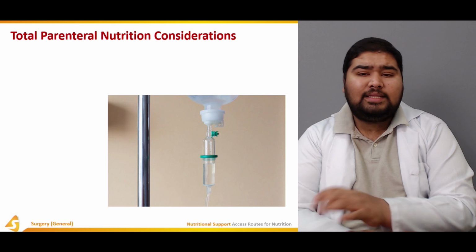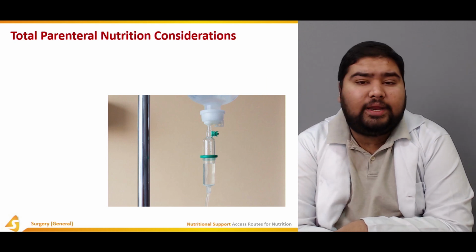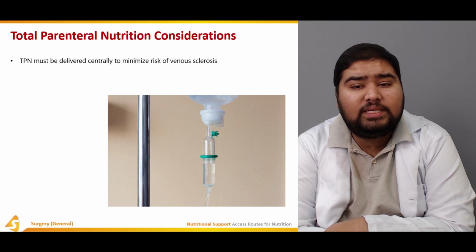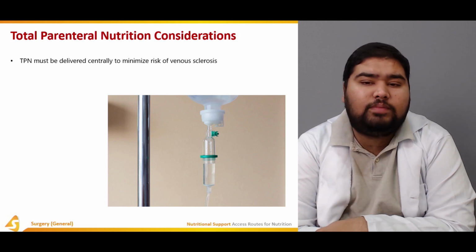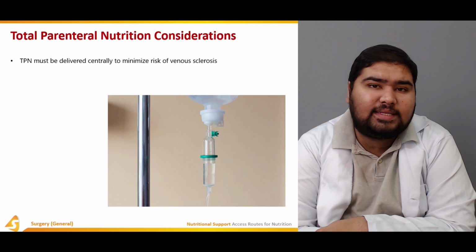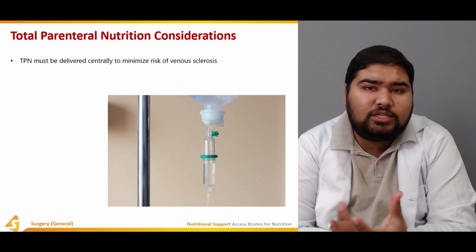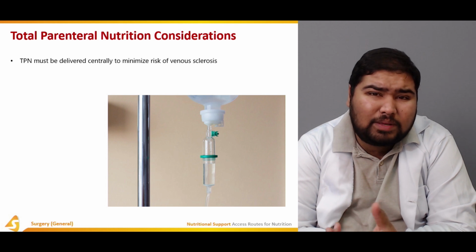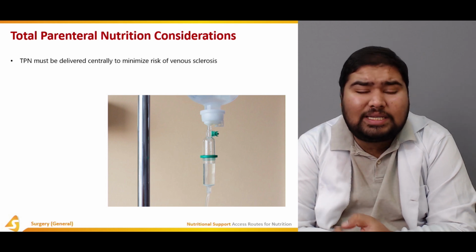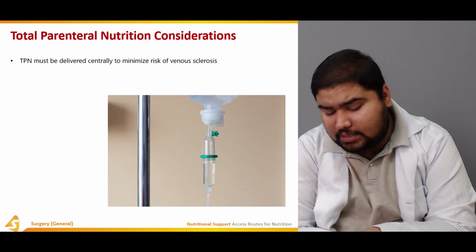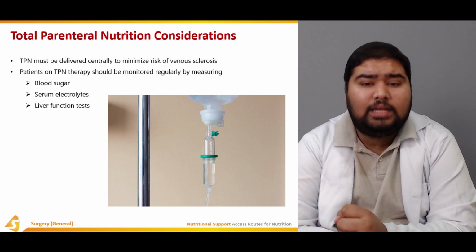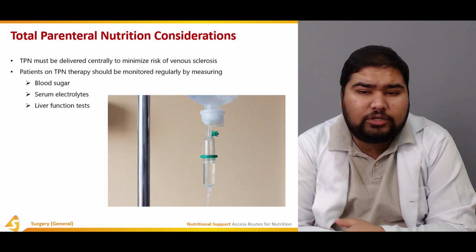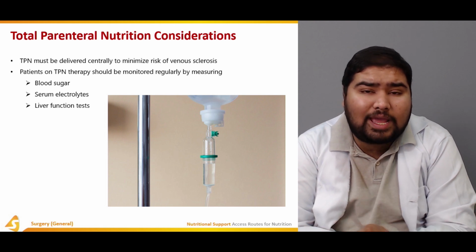So what are the considerations with the total parenteral nutrition? So the total parenteral nutrition must be delivered centrally to minimize the risk of venous sclerosis. So central veins have a bigger lumen, so always a central vein must be used so that the tightening or the stenosis of the vein does not take place. Now, the patient on TPN, that is total parenteral nutrition, should be monitored regularly.